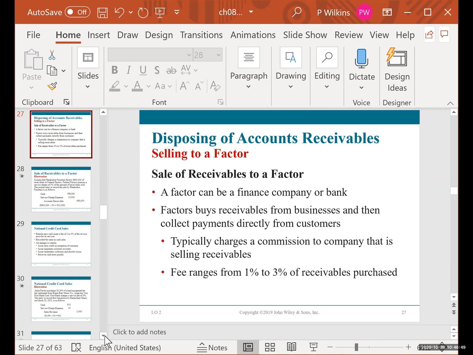And sometimes you might see this happen as a consumer, in that maybe you have a home loan or a car loan or something with a company, and all of a sudden you get a letter in the mail and it says, hi, you have been making your payments to Chase Bank, and your loan has now been transferred to Wells Fargo Bank. Nothing has changed with your loan. You are just making your payment to a new location or a new company.